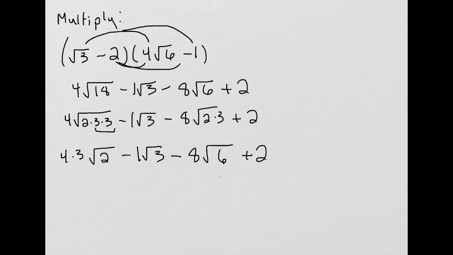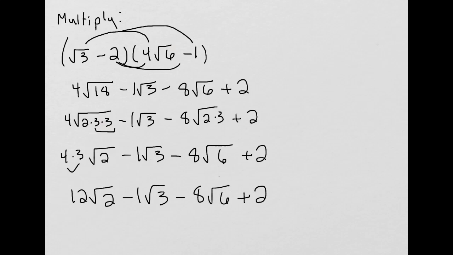The only thing I can do here is just multiply my 4 times 3 together. That's 12. And then everything else is going to stay the same. And unfortunately here there are no like terms. I guess not so unfortunate, because that means I don't need to do any more work. So this is my final answer.